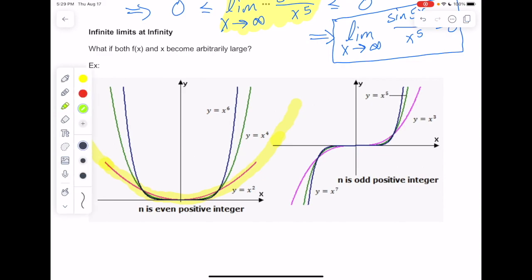If you switch over and you start looking at a fourth power, the same thing is true, only the y values grow even faster as you move out to the right or the left. And with y to the sixth, they grow even faster.